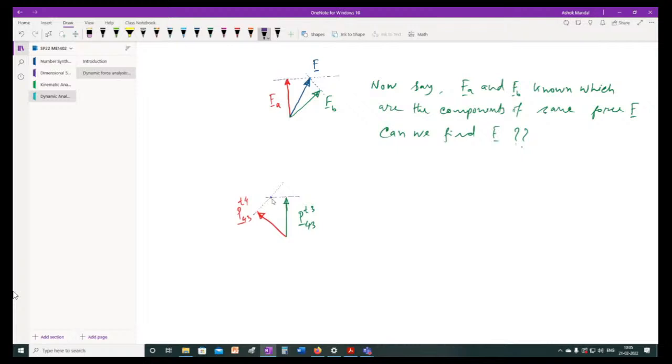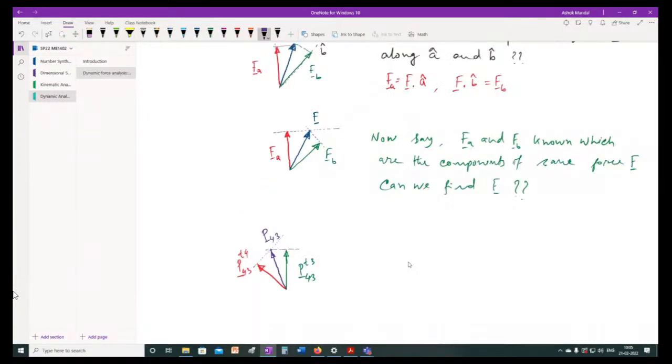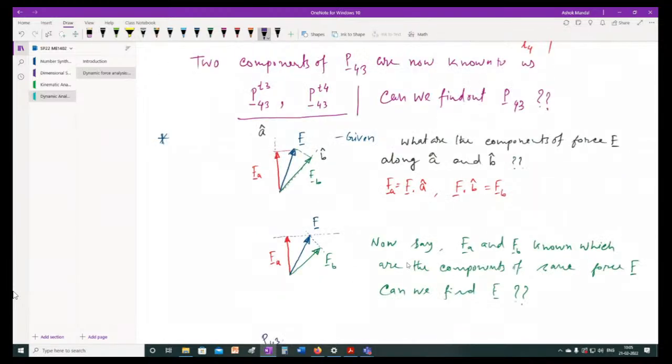That point, when you join it with this, gives you the vector P43. So the joint force P43 is now known to us. Okay, convinced? Yes, sir.